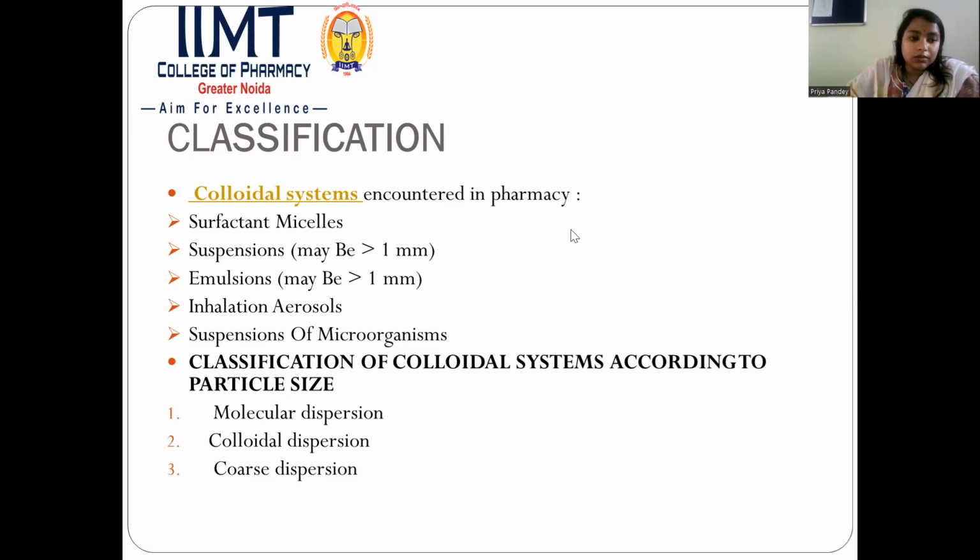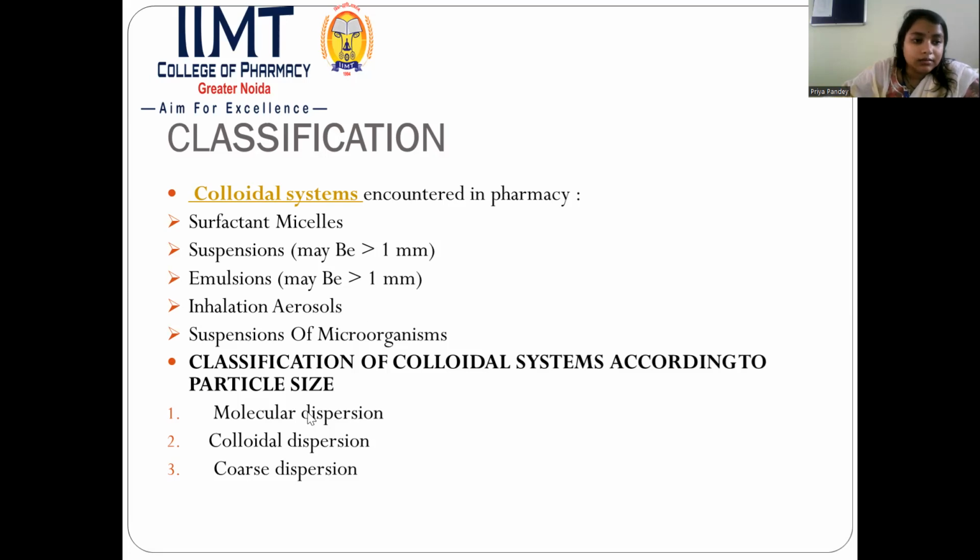As I already said, in molecular dispersion, the size of the particle is less than 1 nanometer. If the size of the dispersed molecule is less than 1 nanometer, it comes under molecular dispersion.